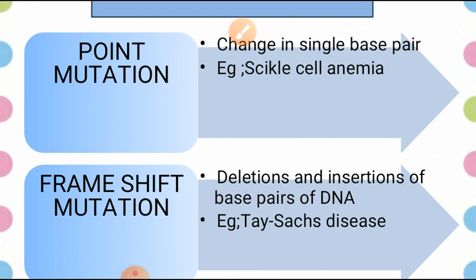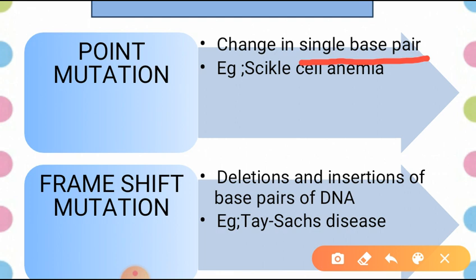If the mutation is because of change in a single base pair. Got the meaning of base pair? Last year when you have studied about the structure of DNA, you have studied adenine combines with thymine by 2 hydrogen bonds. This is a single base pair. Guanine combines with the cytosine by 3 hydrogen bonds.